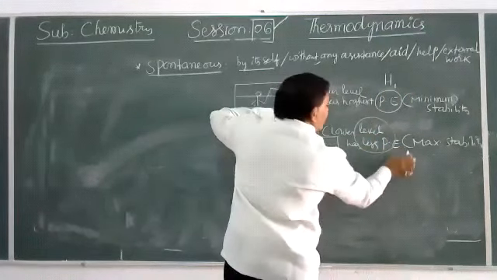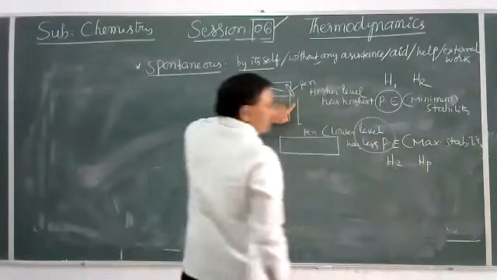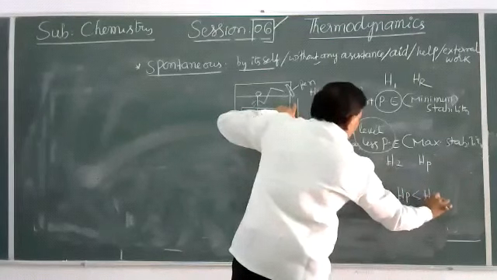If it is a chemical process, we have reactants and products. The difference, delta H, is equal to H2 minus H1, or HP minus HR. Generally HP is less than HR.